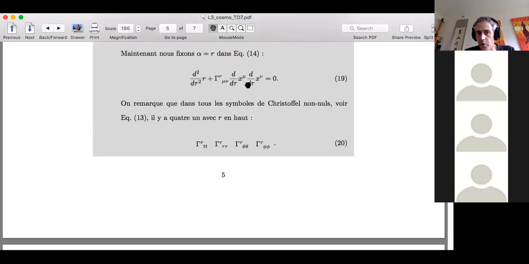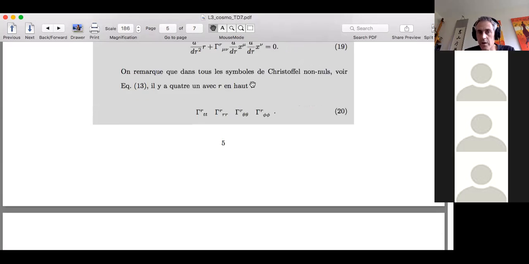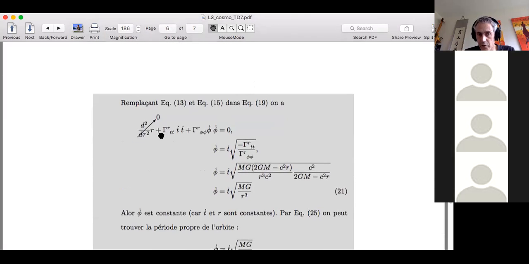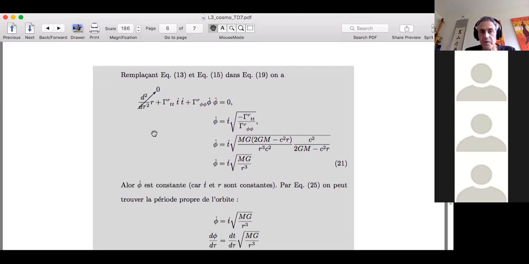In principle, we'd have the 4 terms without the factor of 2 because it's t dot squared here, phi dot squared. But we only have 2 of the 4-velocity components that are not 0. So we only have these 2 terms, and r is one of the coordinates which is fixed, right? It's a circular orbit, so the radial coordinate is fixed. So we just have a balance between these 2 terms, if you like.